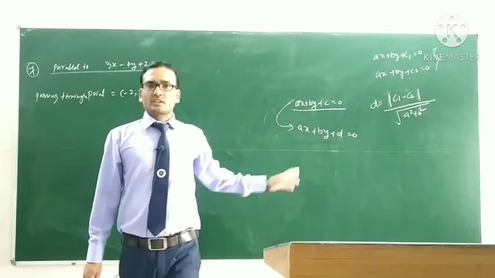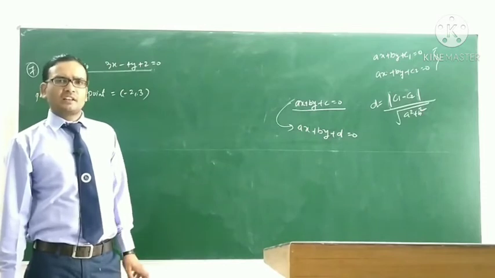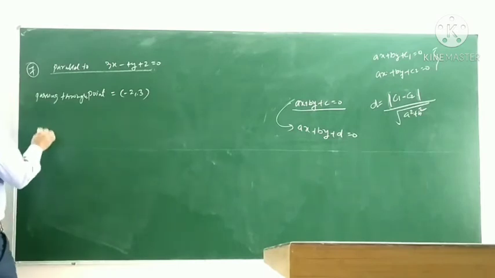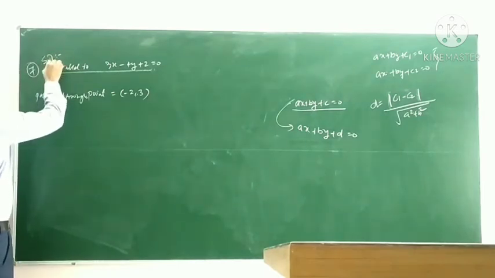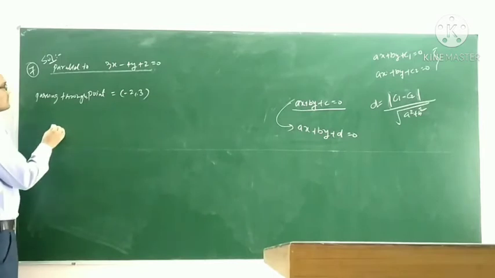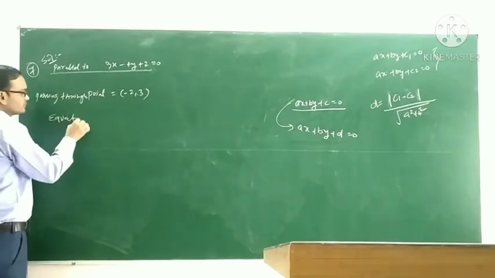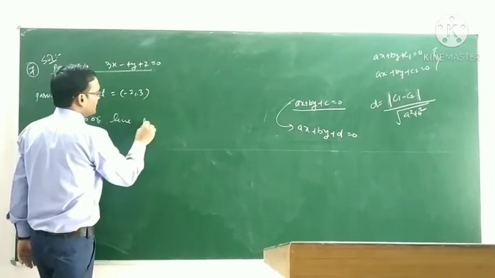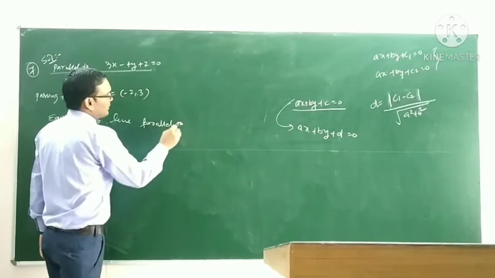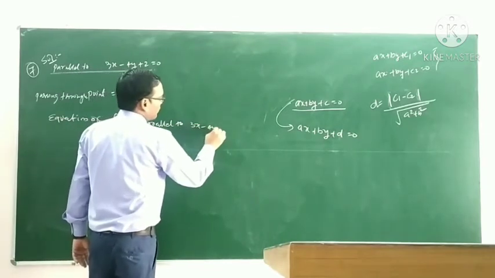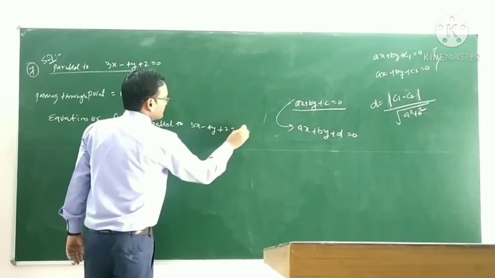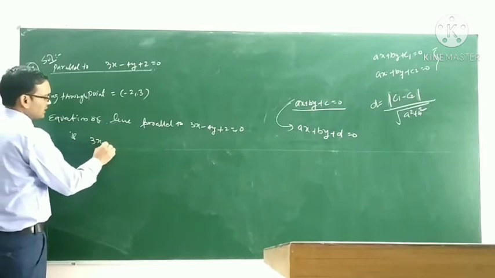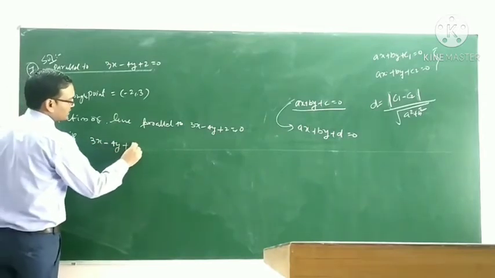Okay students, here the coefficients of x and y are the same if the lines are parallel. Equation of line parallel to 3x minus 4y plus 2 equal to 0 is 3x minus 4y plus c equal to 0.